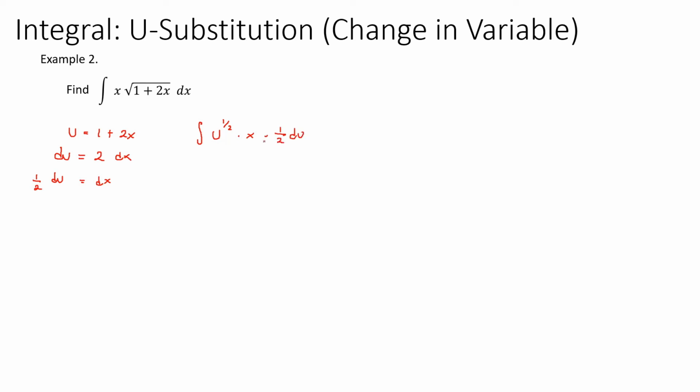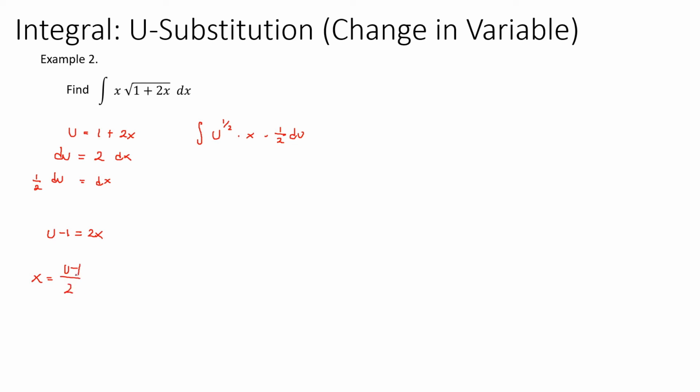Once again, we have the x there. We can't integrate this because everything has to be in the variable of u. So we're going to look back to where you set your u and solve for x. So we could say u minus 1 is equal to 2x, so x has to equal (u minus 1) over 2.